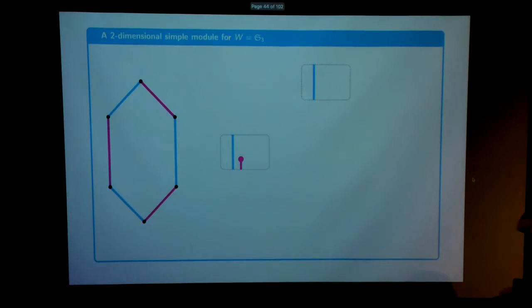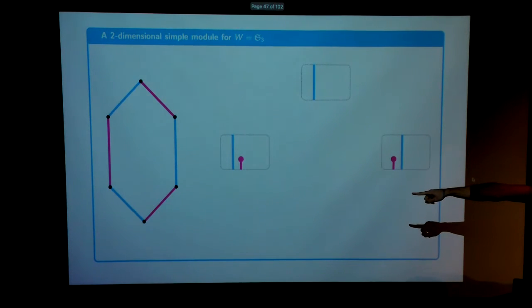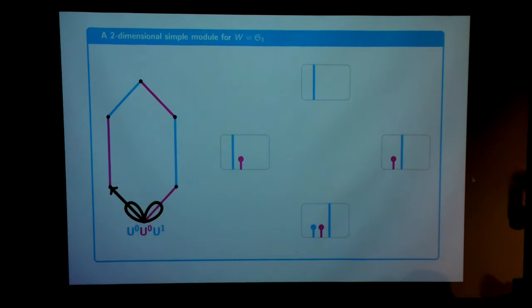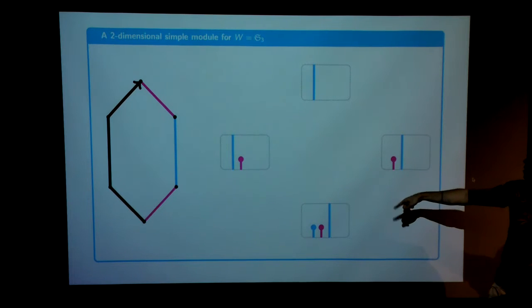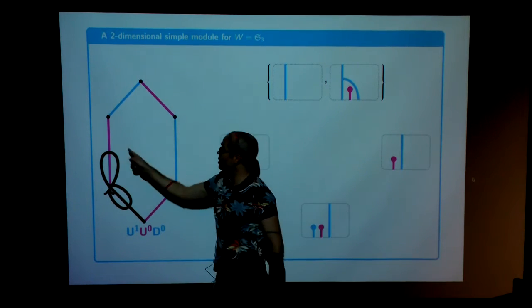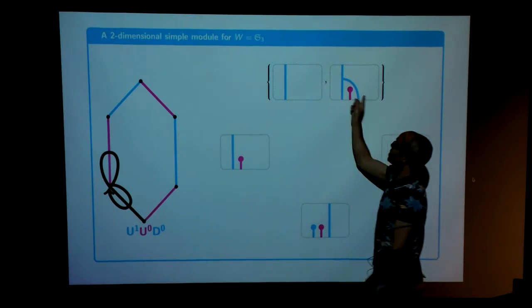If we take the path that goes pink-blue, we can fold him up to get this guy. If we take the path that goes pink-blue-pink, we can fold him up to get this guy. And then there's one more we can do. So we can fold up the same path again, but this time, instead of getting something of positive degree, we can fold him up by going +1, -1, and then that's at degree 0.